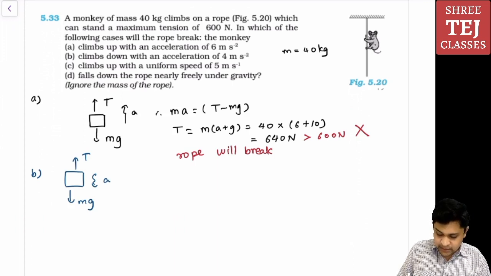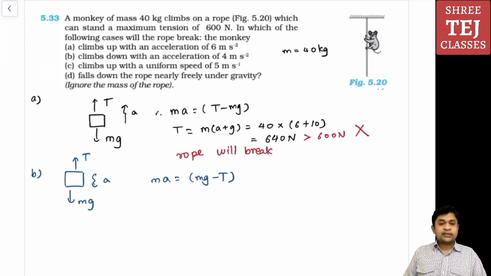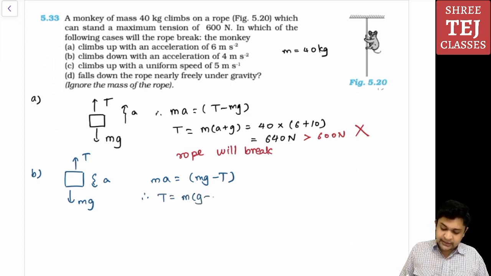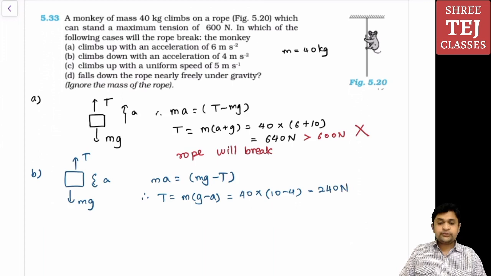So mass into acceleration would be mg minus T. Therefore, we would get tension is equal to m into g minus a. So this would be 40 multiplied by 10 minus 4. So 6 4s are 24. So this will be 240 Newton, which is less than 600 Newton.